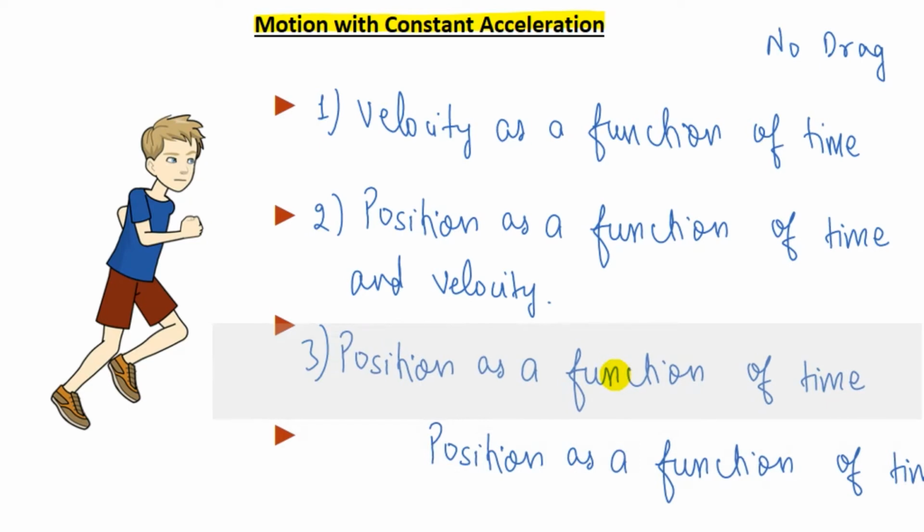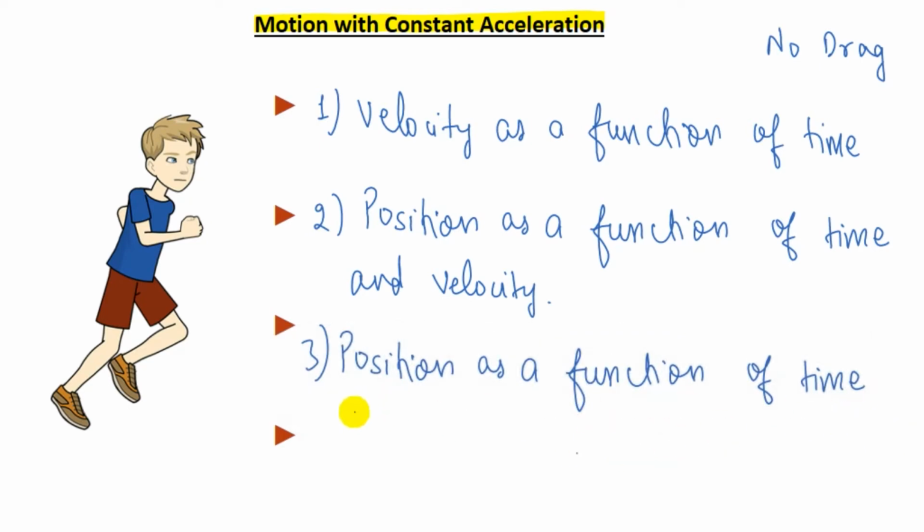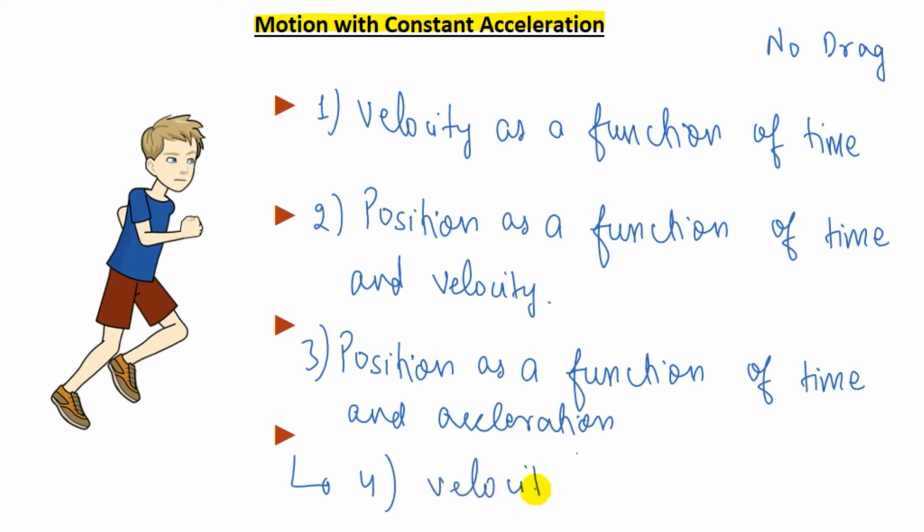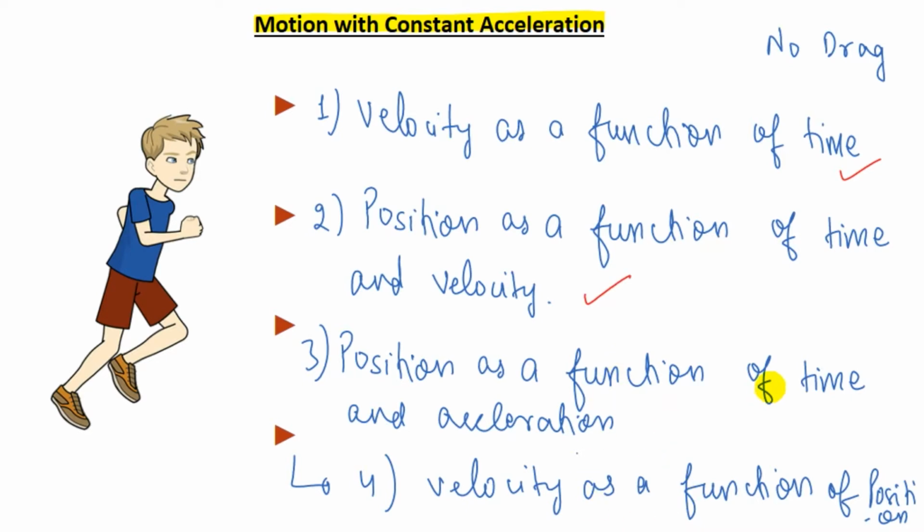So this is position as a function of time and acceleration. And the last one will be velocity as a function of position. Now in this video we'll derive only these two equations, this one and this one, and the other two equations we'll derive in the next video. So we'll start with this one.